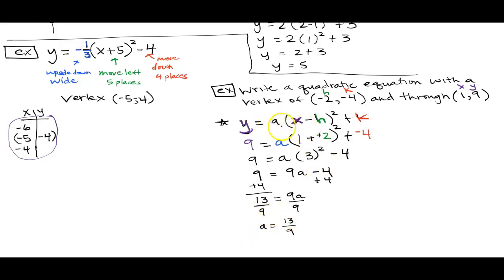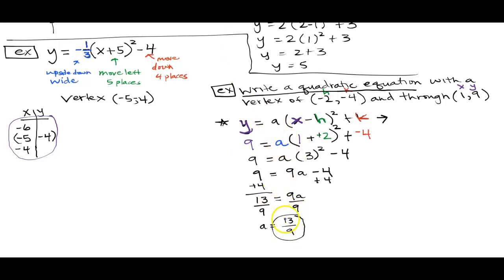Now I'm not done. I figured out what this a is, but the instructions say I want to write an equation. So I go back to this original equation, and in place of my a here I put what I found a equals.